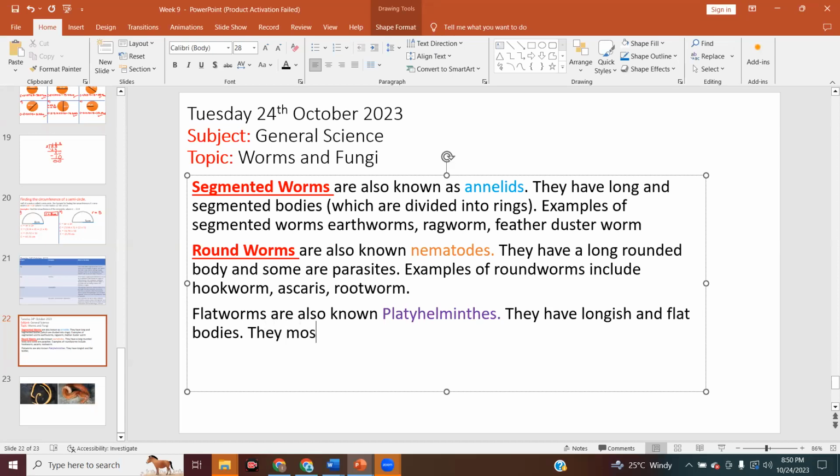They mostly live in other organisms, and we call them parasites. Examples of flatworms are tapeworms and planaria.